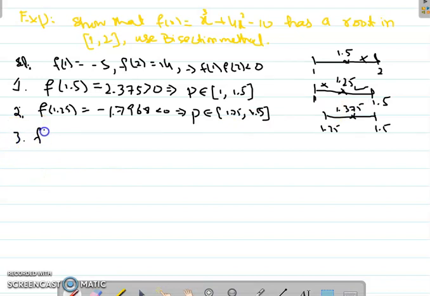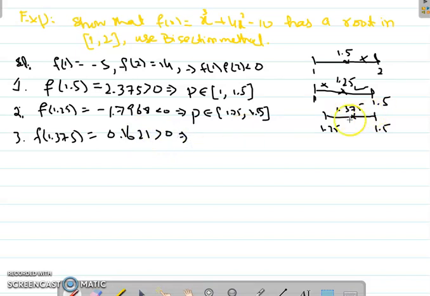So on the third iteration we will check 1.375, which is equal to 0.1621, which is again a positive number.